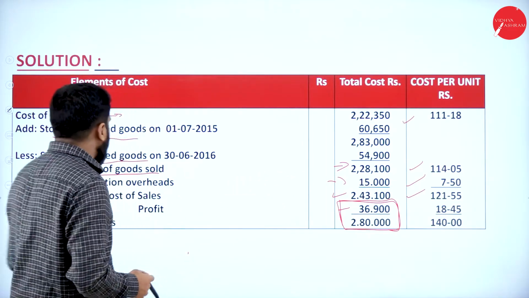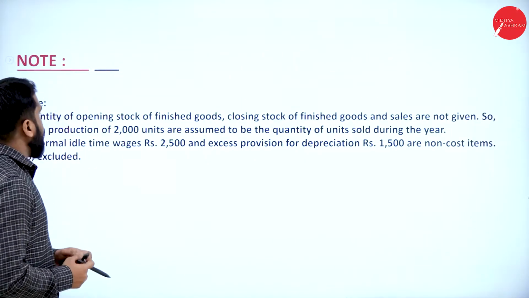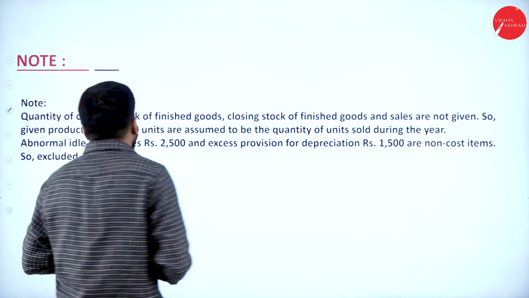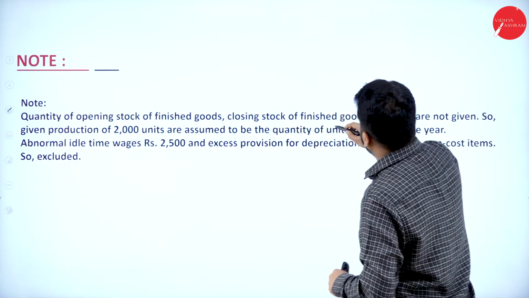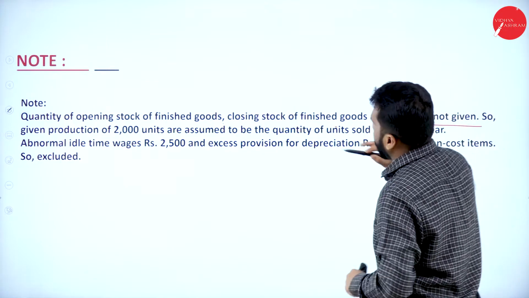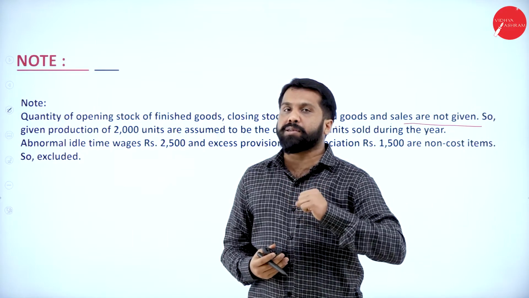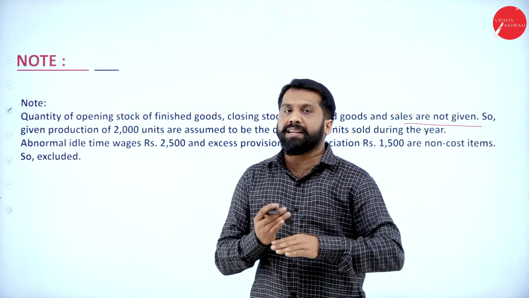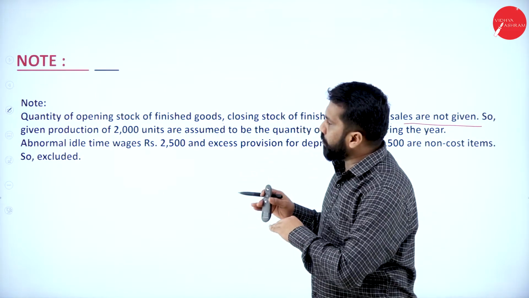Now, what about your profit and what about your sales? Now, see, the adjustment is given. Quantity of opening stock of finished goods, closing stock, finished goods and sales are not given. So, normally what happened, they will change the unit also. Earlier it was 2,000. At the time of finished goods, it has become 1,900.